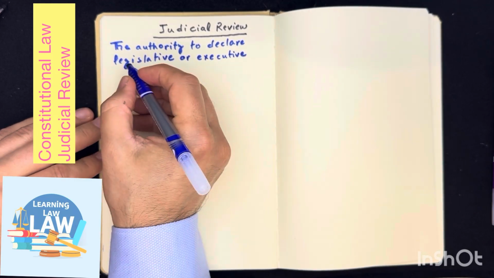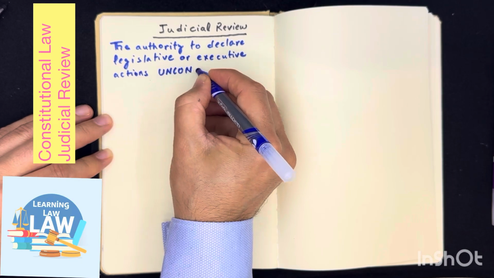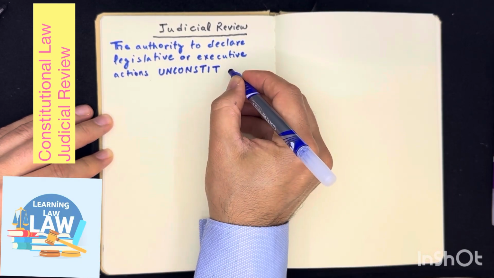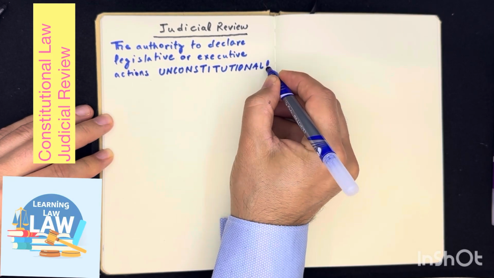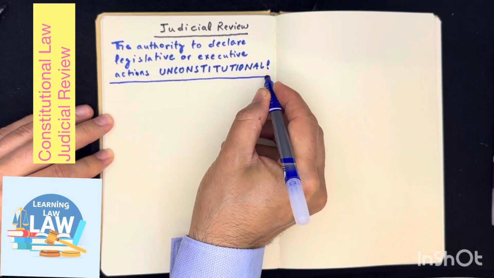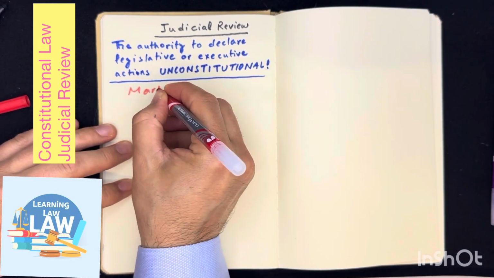In that case, Chief Justice John Marshall ruled that while Marbury was entitled to his judicial commission, the court lacked jurisdiction under the Judiciary Act of 1789, which had unconstitutionally expanded the court's original jurisdiction.